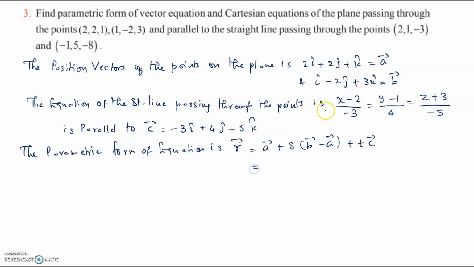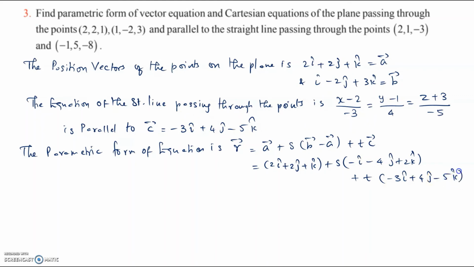Substituting the values of A vector, B vector and C vector, we get 2i cap plus 2j cap plus k cap plus s into B minus A, which is minus i cap minus 4j cap plus 2k cap, plus t into C vector, which is minus 3i cap plus 4j cap minus 5k cap, where s and t belong to R. So this is our parametric form of the equation.